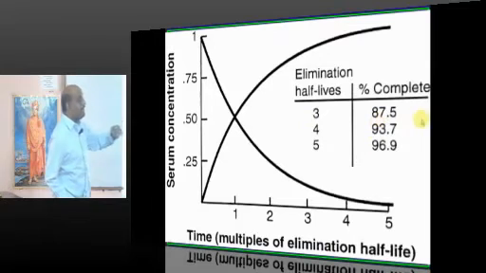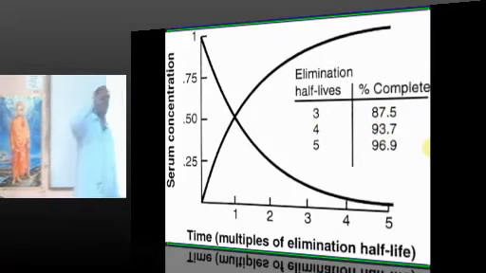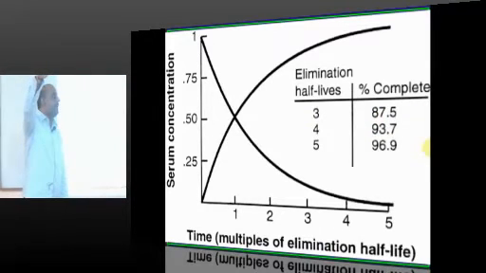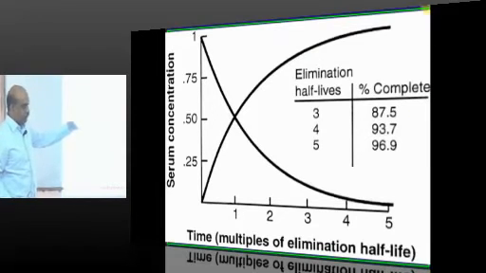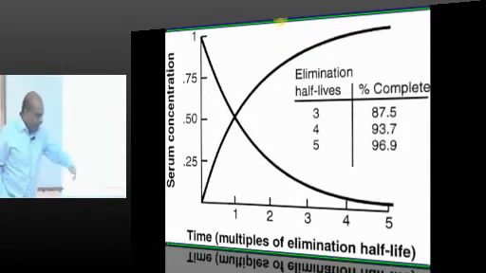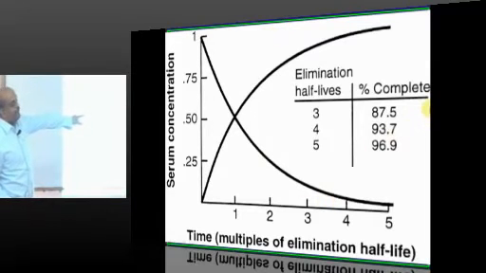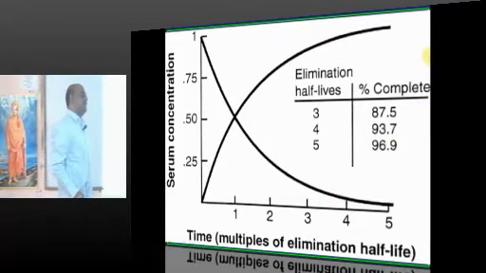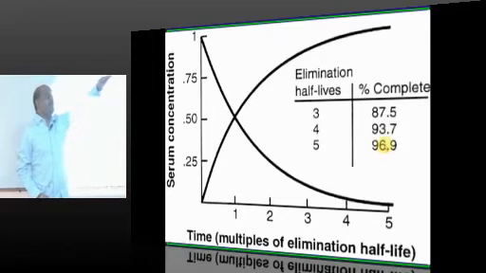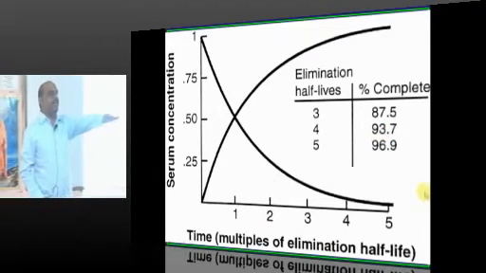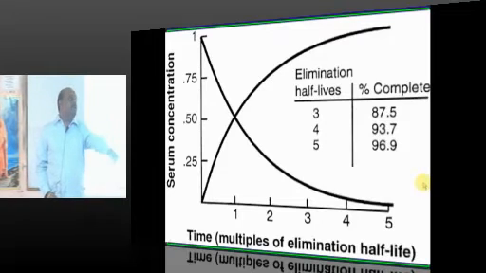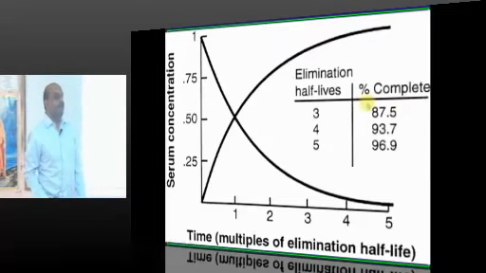It will reach 87.5% of its peak drug concentration. Right? After 4 elimination half-lives, with every half-life if you are re-administering the drug, it will reach 93.7% of the ultimate steady state concentration. After 5 half-lives it will reach 96.9% of the steady state concentration.